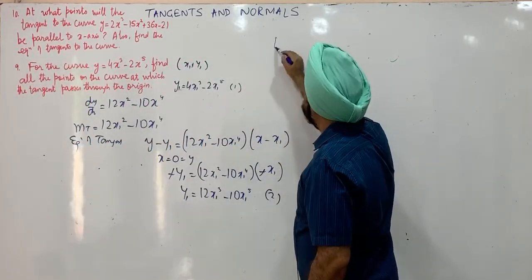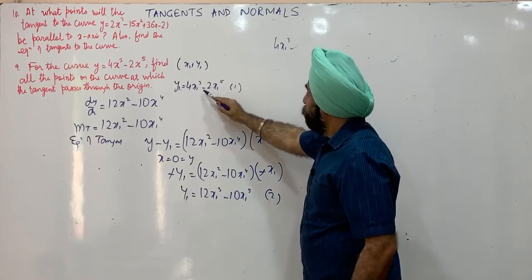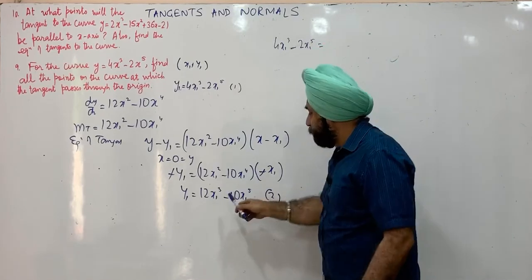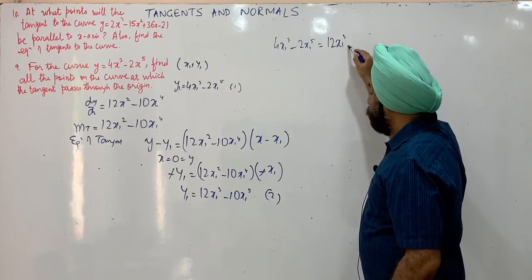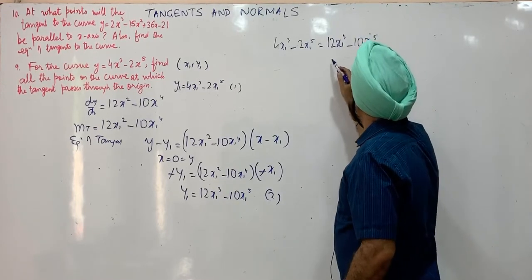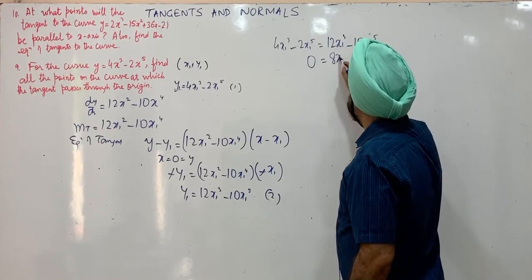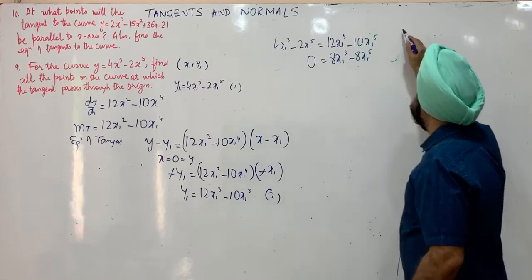These are values of y1. We equate values of y1. 4x1 cube minus 2x1 raised to 5 is equal to 12x1 cube minus 10x1 raised to 5. So this is 0: 12 minus 4, it's 8x1 cube, and minus 8x1 raised to 5.